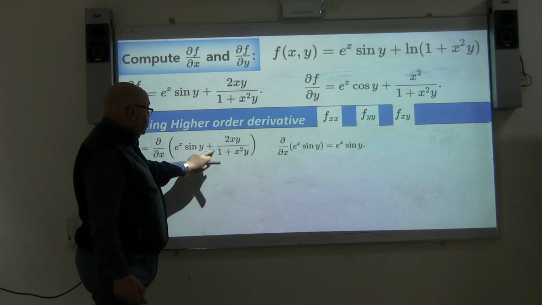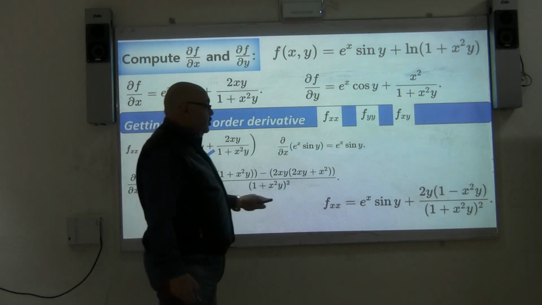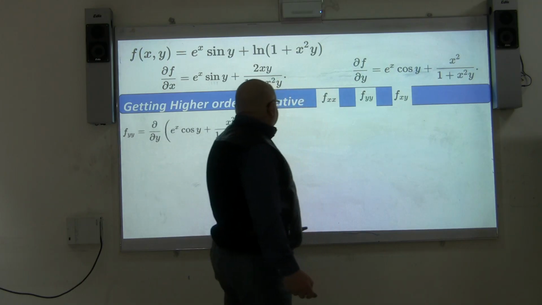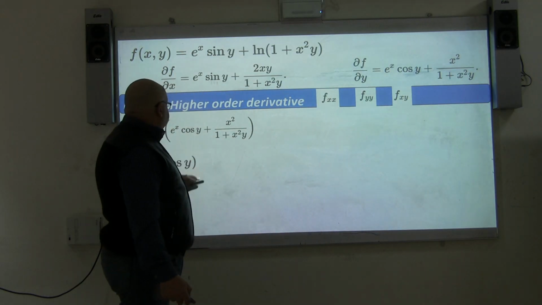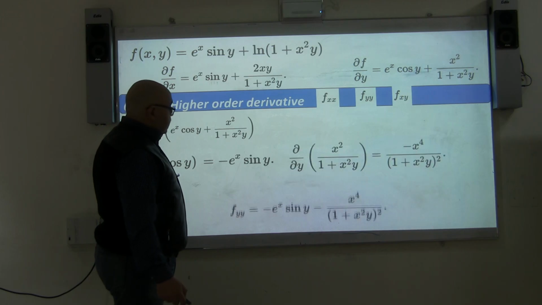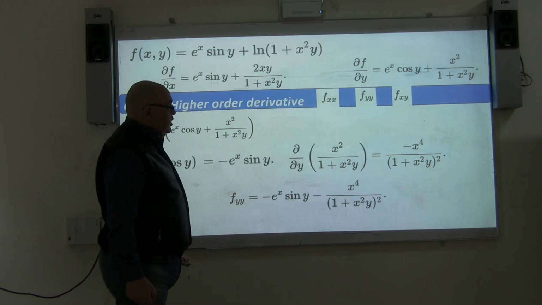Okay, for the two parts, this is the second part derivative, which can be simplified. So that's the result that you will have for f double x. This is for f double y, differentiating. This is the first part. That's the second part. Then putting them both together in f double y, this is going to be the case.